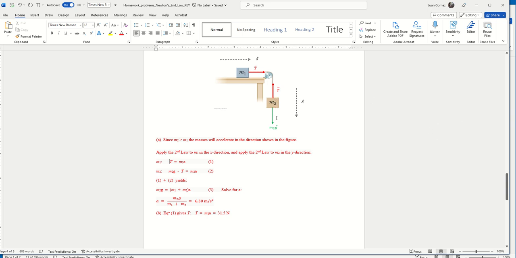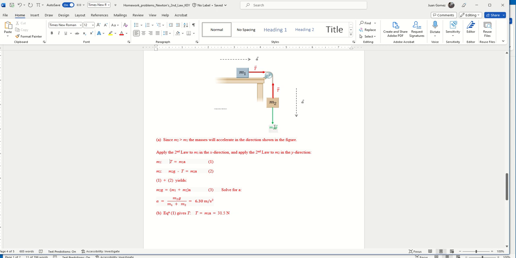Now there are two forces acting on m2 in the y direction. m2g is negative, T is positive, and we know that the acceleration of m2 is negative. So we could write it as T minus m2g equals minus m2a, or more preferably, let's write m2g minus T equals m2a.